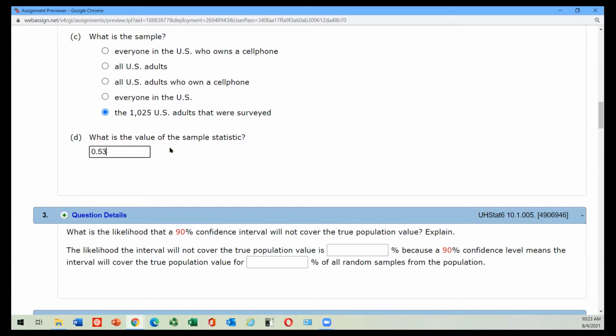Shouldn't you also make sure that you read carefully how many decimal places they want you to round your answer off to? Because some people have sent me emails saying, I think I got this right, but why is it telling me it's wrong? And I have to say, they wanted it to 3 decimal places, not 2. You just rounded off differently. I think it's even weird if you go the other way.